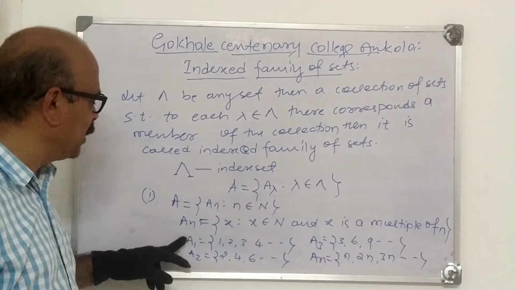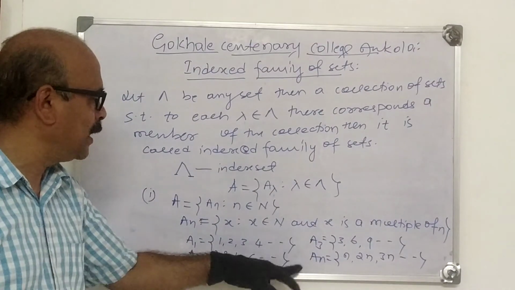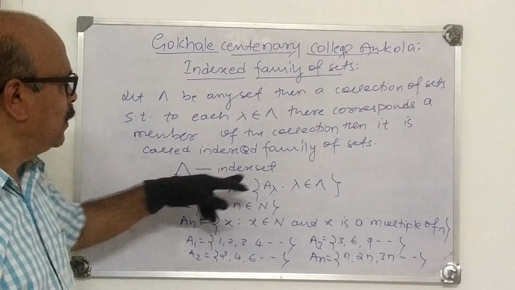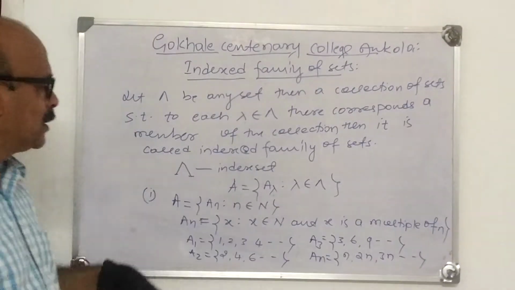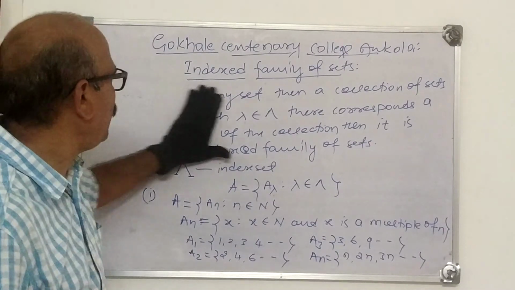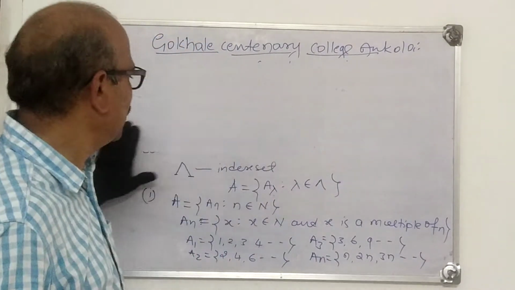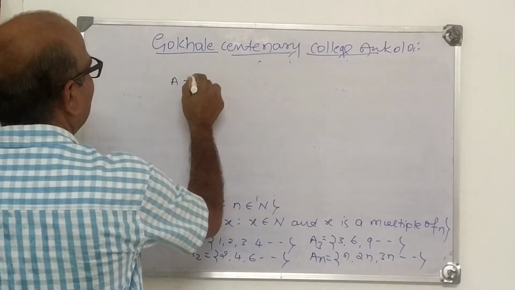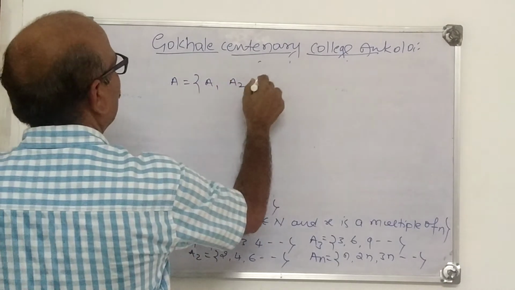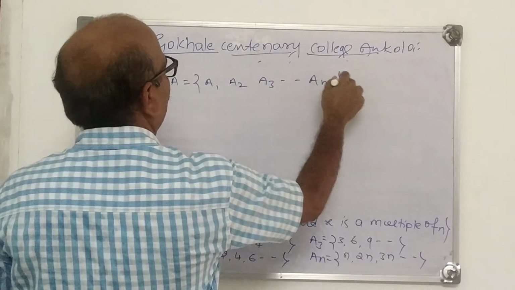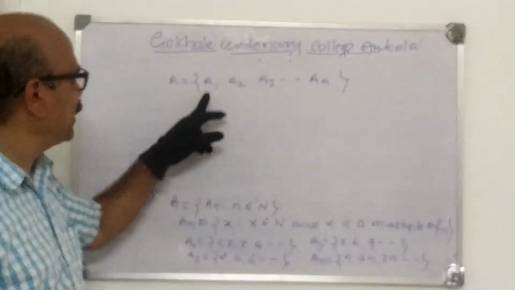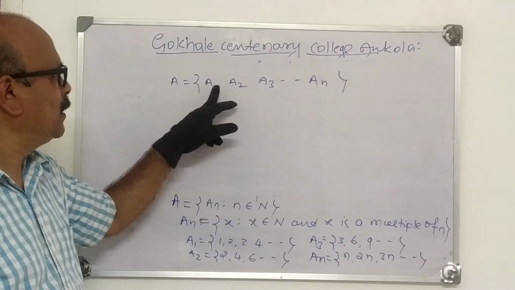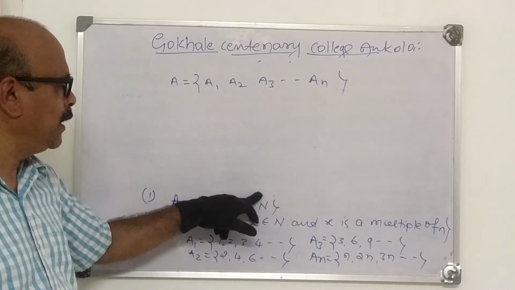A is the set of all these: A1, A2, A3, up to An. Here N is the index set. This is the definition of an indexed family of sets. A consists of these sets, and therefore A is an indexed family of sets indexed by N.